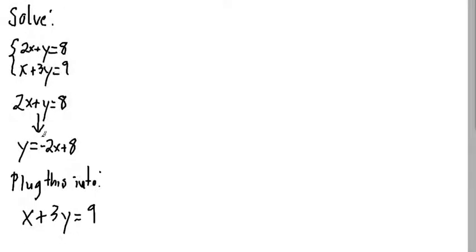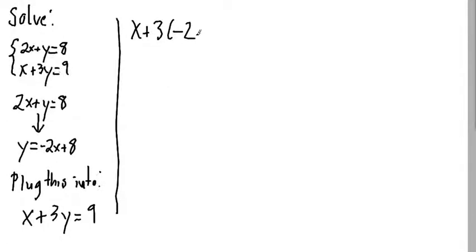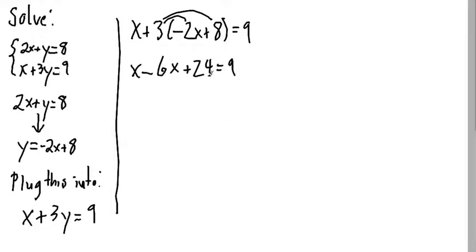We're going to plug this expression in for y, and what we end up with is x plus 3 times negative 2x plus 8 is equal to 9. And now we distribute. 3 times negative 2 gives me negative 6x, and 3 times 8 gives me plus 24, and that's equal to 9.